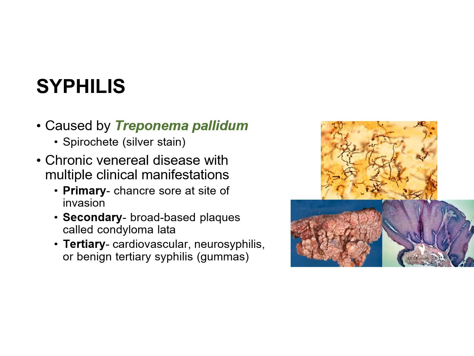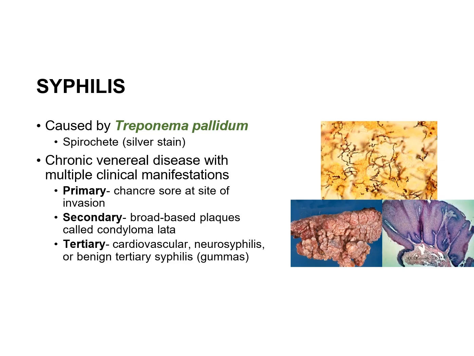Syphilis is caused by Treponema pallidum, a spirochete bacterium. Because this organism is extremely thin, it does not stain well with routine H&E and is classically demonstrated using silver stains, such as the Warthin-Starry. Syphilis is a chronic, multi-stage disease, and its manifestations change over time.